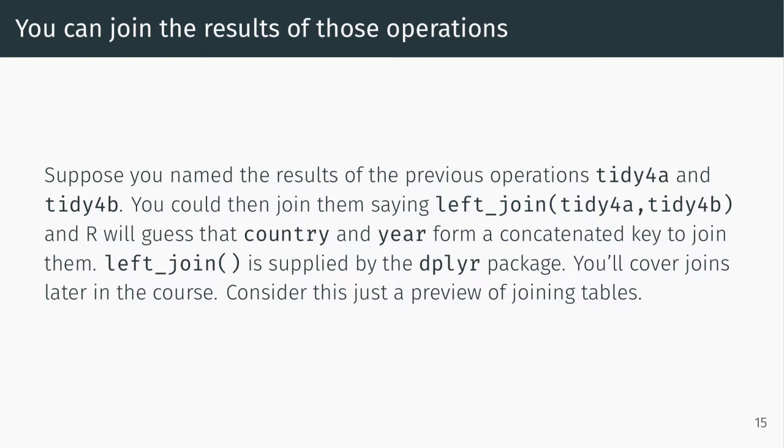You could then join them, saying left join tidy 4a, tidy 4b, and R will guess that country and year form a concatenated key to join them. Left join is supplied by the dplyr package, and you'll cover joins later in the course. Consider this just a preview of joining tables. So we can make one table out of those two tables. We can recreate basically the tidy table from those two tables.